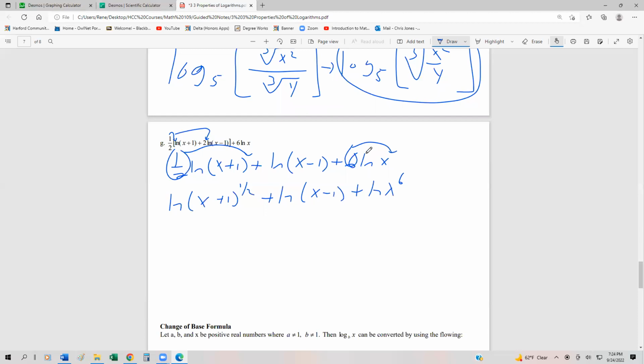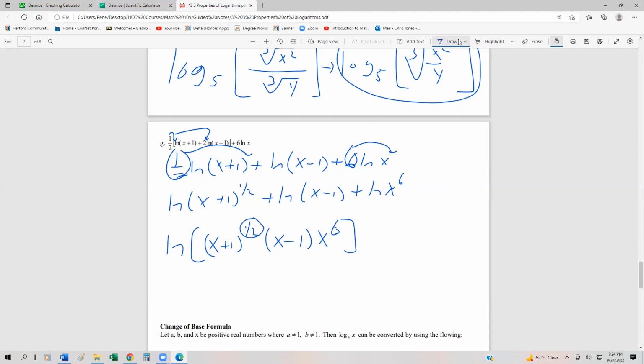Everything's positive. So we're going to write this as a single logarithm, except everything's going to be multiplied together. So this will be ln of (x plus 1) to the 1/2 times (x minus 1), and then times x to the 6th. We don't like to have any sort of fractional or rational exponents. So this is just going to be a square root.